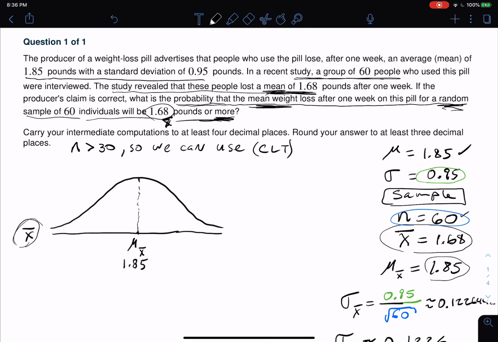Now this problem is saying you got this sample mean of 1.68. 1.85 is here, so 1.68 must be to the left of that, like out here.